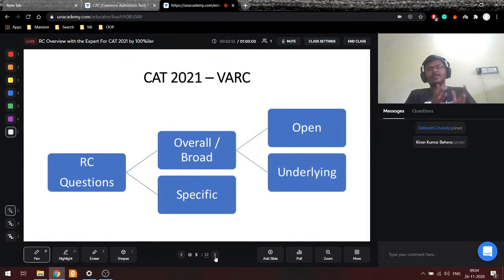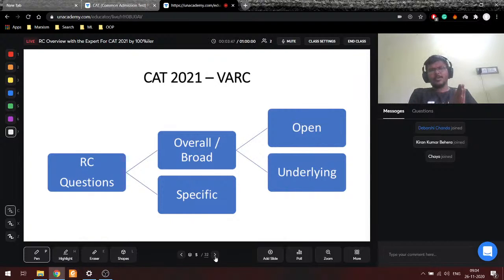So the RC questions can generally be classified in two broad categories. One of them is overall or broad, and the other is specific. As I was saying, in general the RC questions are dependent on the logic or the argument being presented within the passage, and the questions derive from those arguments.